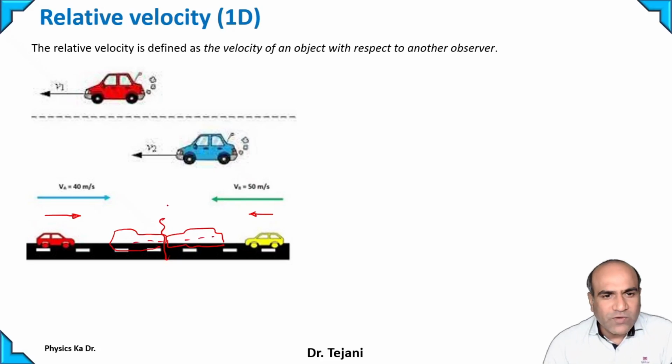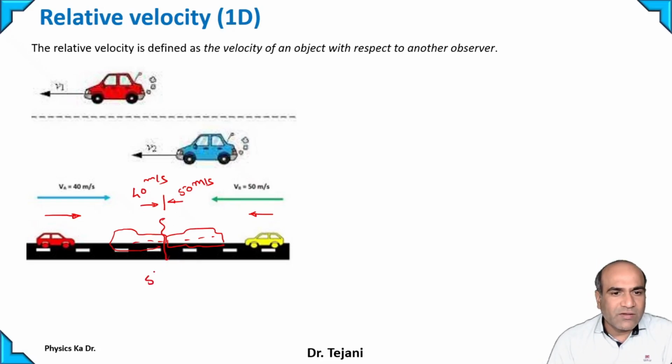So what is the relative velocity? This car has 40 meter per second and the opposite car has 50 meter per second. So what is the relative velocity here? See, here it is the effect of 50 plus 40. Therefore, the relative velocity in this crash becomes 90 meter per second.